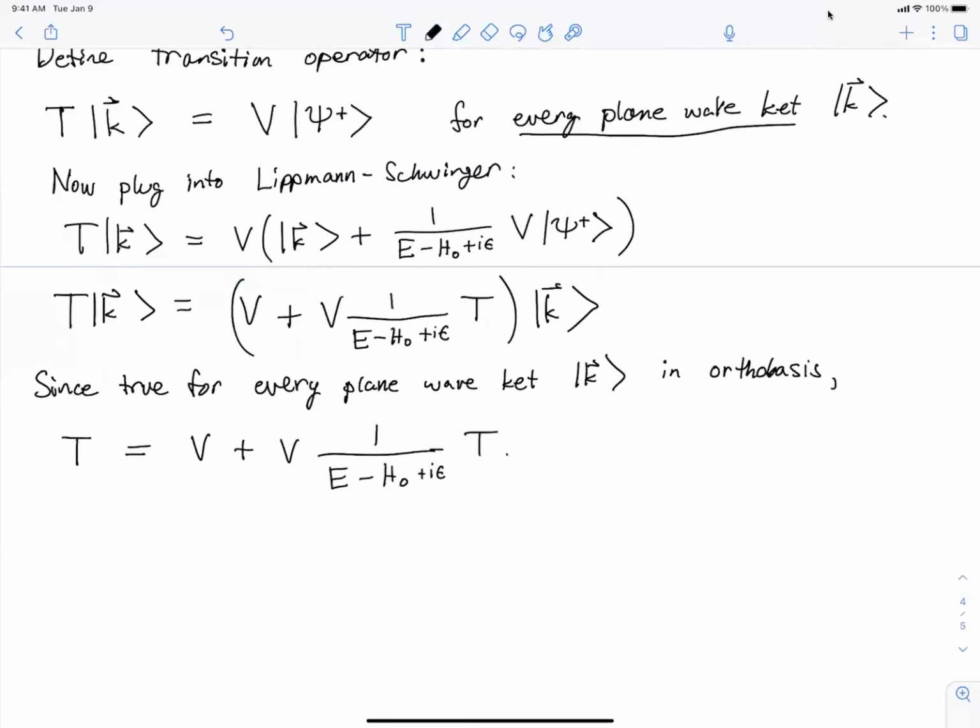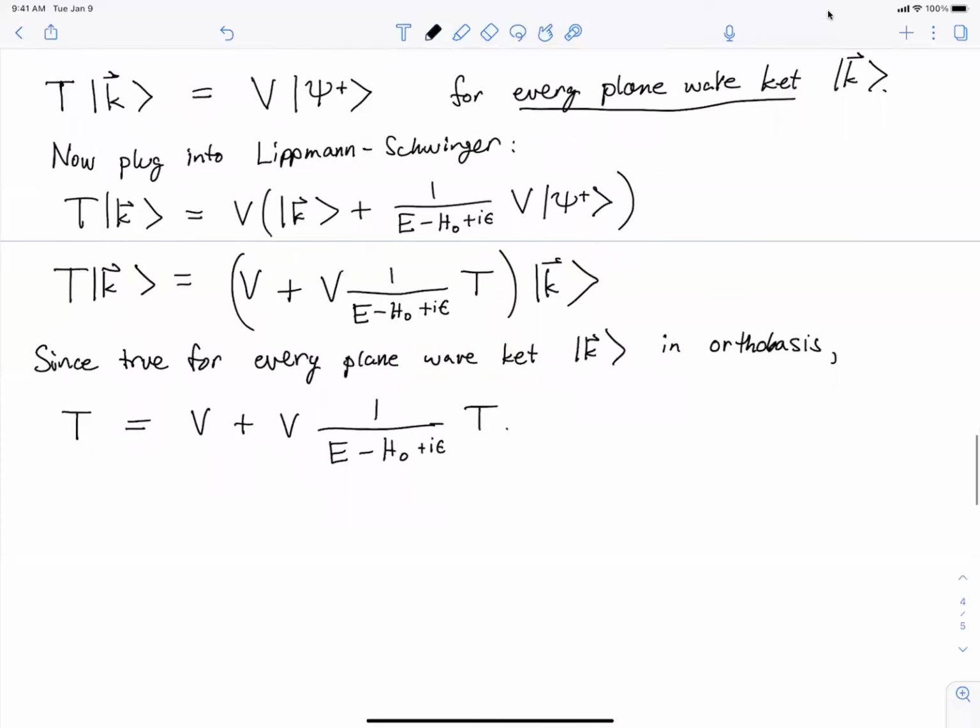Okay, so that's an operator equation. We wouldn't be able to do that if this were just true for some states, right? Because if it's just true for some states, then as an operator, it might be only true because of the special properties of those states. It's the fact that it's true for every state in an ortho basis that means we can just sort of cancel these off.